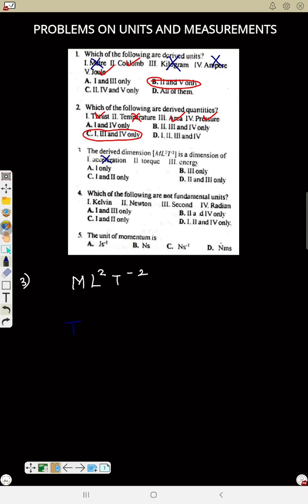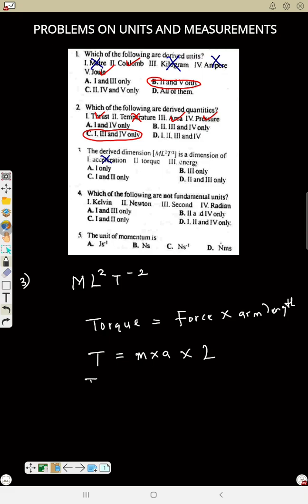Torque is force times arm length. So torque, force we know is mass times acceleration, times arm length, which is a length, so that will be L. And we know that mass is capital M. We have found acceleration now, LT raised to power minus 2, times another length.